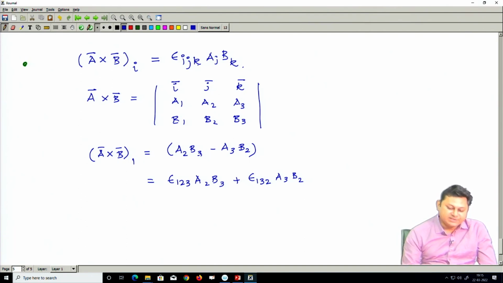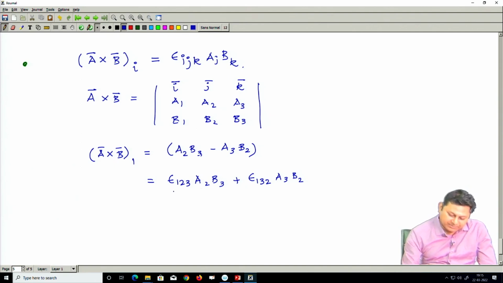Apart from that, which distinct values should it take? i is 1 here. So, the distinct values j and k take are: when j is 2, k is 3, and when j is 3, k is 2. So, these two combinations we take and we will get this result.